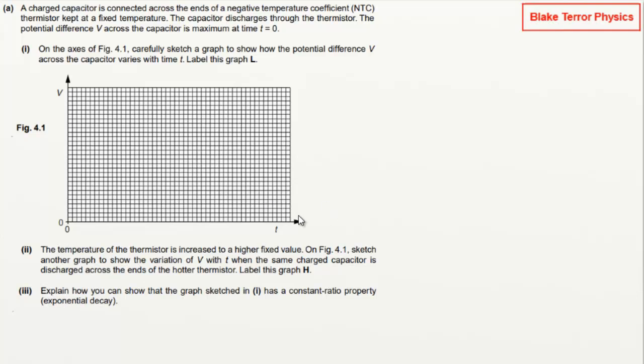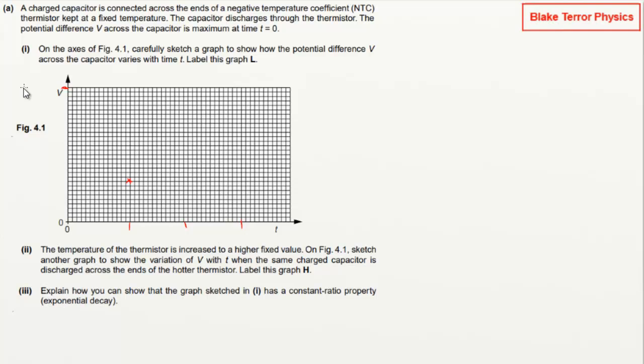Now, we haven't got any actual values to deal with here, but if we start here, by the time we've taken one time period, so one time constant, let's say we've gone to here. So let's say we've got a few time constants going along here. We need to have dropped to about 37% of this, so down to maybe here, something like that.